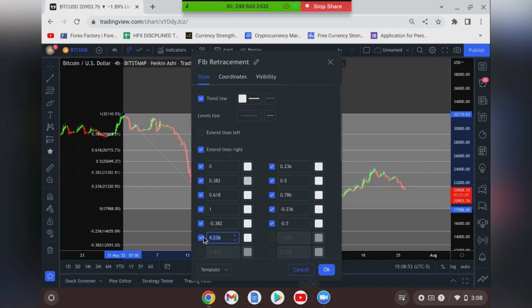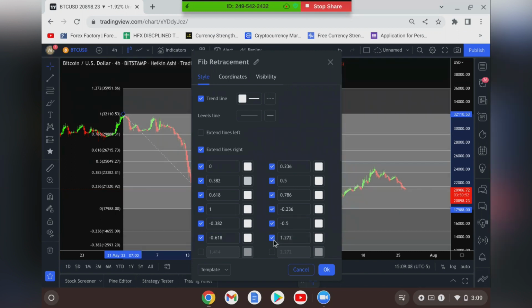And then the next one is going to be changed to negative 0.618. Then the next one is going to be negative 0.786.